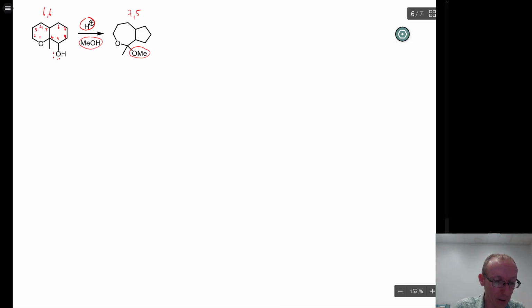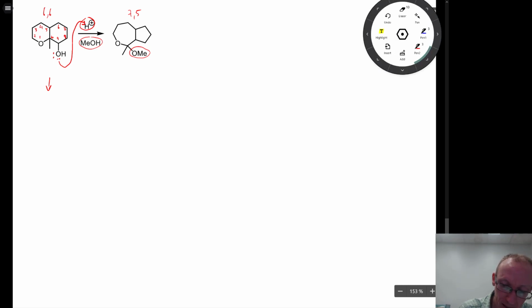So the first thing in this mechanism is to spot that the alcohol is going to have to be protonated to make it into a good leaving group and therefore generate a carbocation. So the first step is making that into a good leaving group.